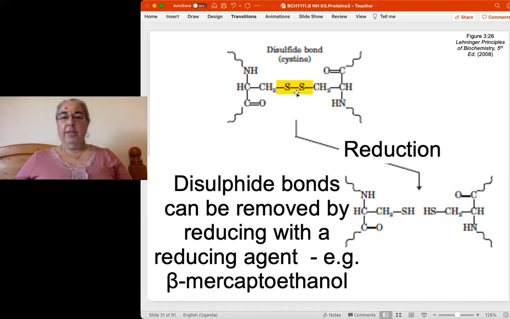So here, the disulfide bond forming cysteine is reduced to two separate cysteine residues. Okay, so this makes sure that the polypeptide chain is unfolded.